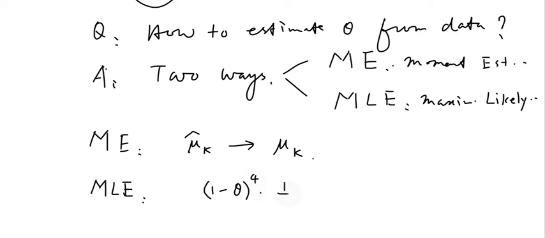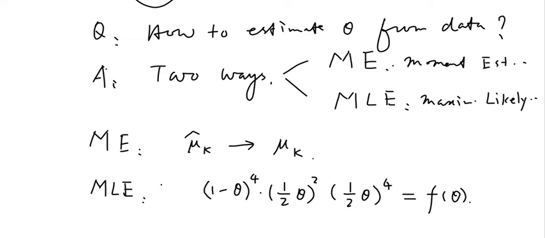The probability of 2 is half theta, and it happens twice. The probability of 3 is half theta, and it happens 4 times. So we have this probability function: 1 minus theta four times, half theta twice, and half theta four times. We denote this as the likelihood function, f of theta.